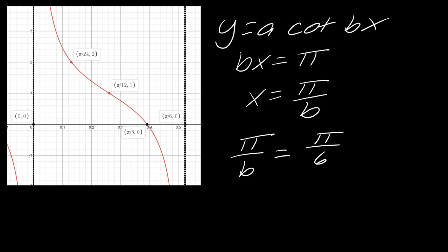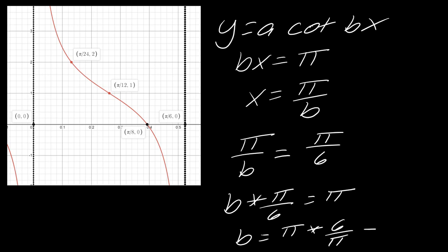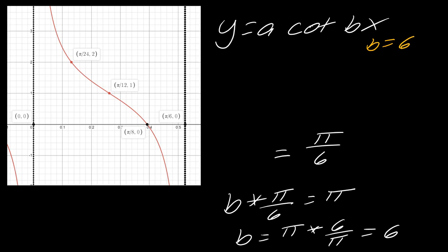I can multiply both sides by b, so I get b times pi over 6 equals pi, and then I can divide to get b equals pi times 6 over pi, which equals 6. So I have my b is equal to 6. So I can get rid of all of this good stuff, and now we can keep going.